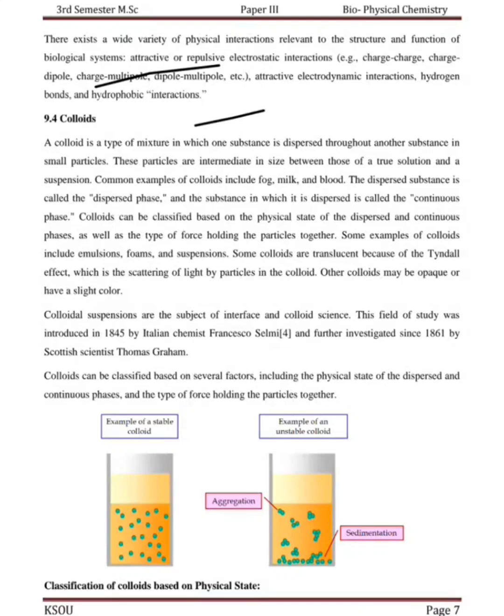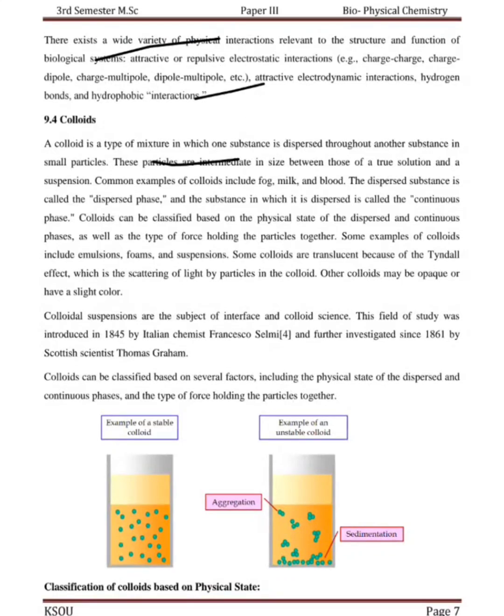Next is colloids. A colloid is a type of mixture in which one substance is dispersed throughout another substance as small particles. Colloids can be classified based on several factors. In colloids, one substance is dispersed in another, like sugar or salt in water.